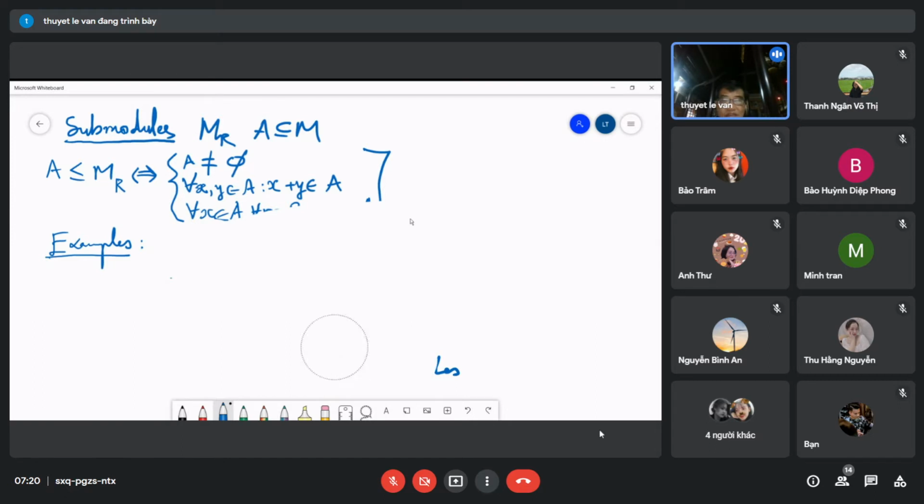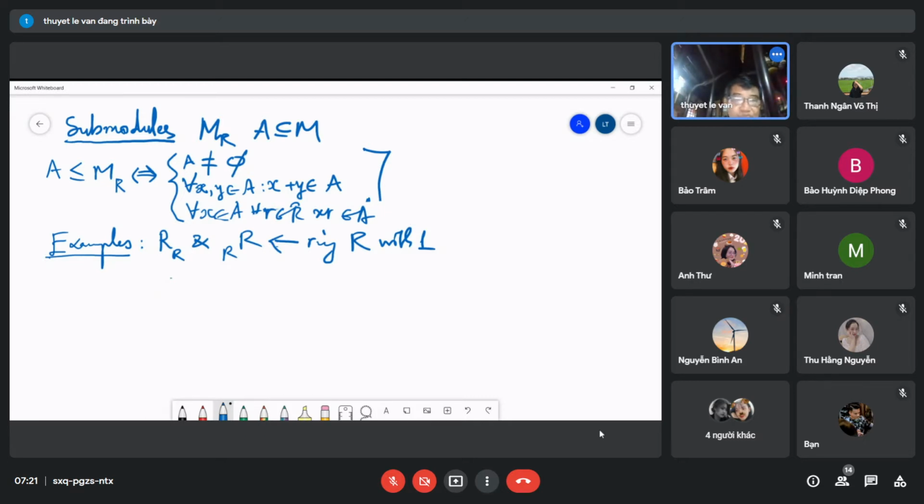And the last is a ring R, remember, r in R. Here is the ring R, a ring with identity. And then you consider it as a right R module and also a left R module.